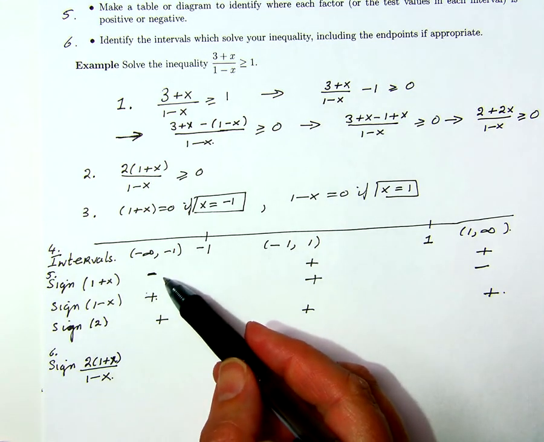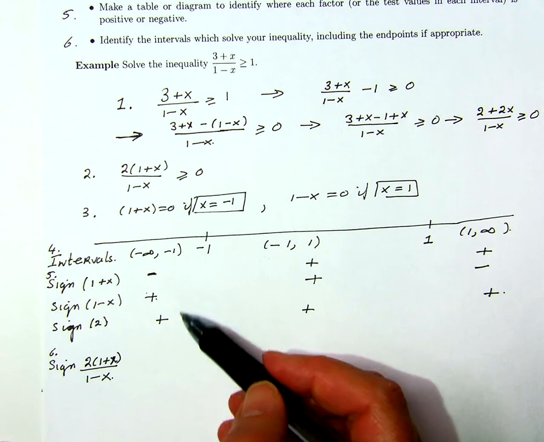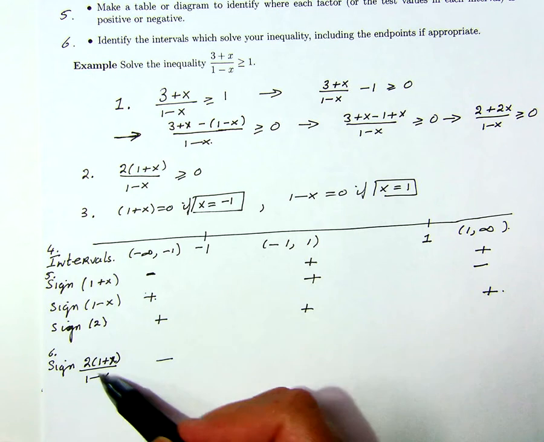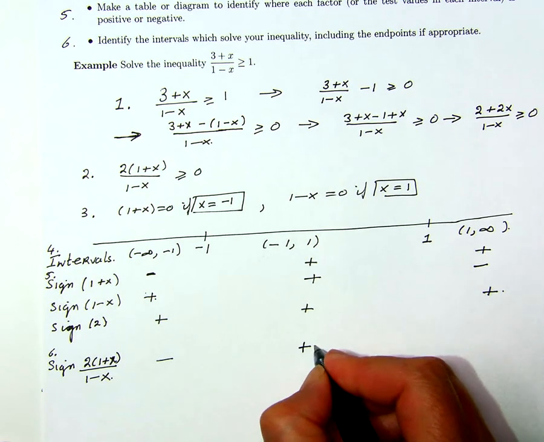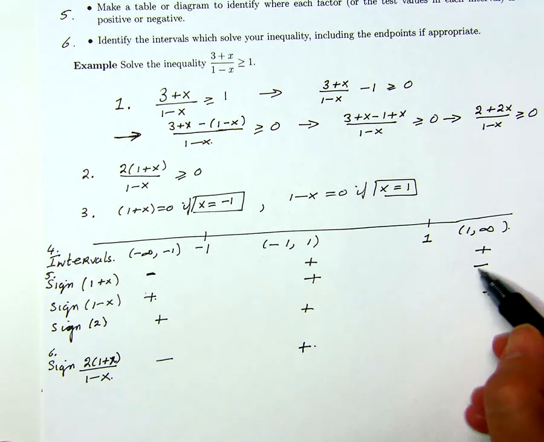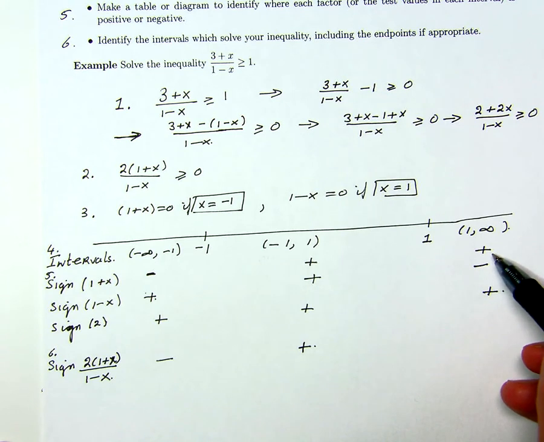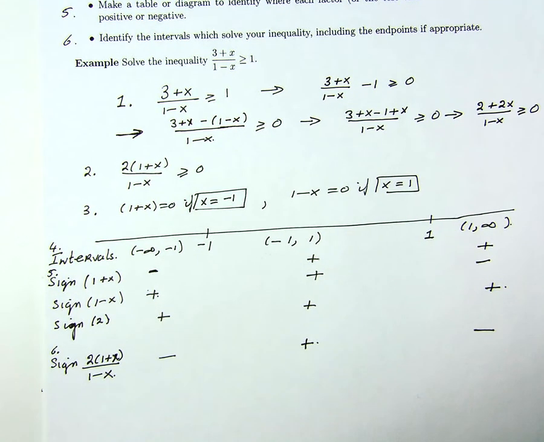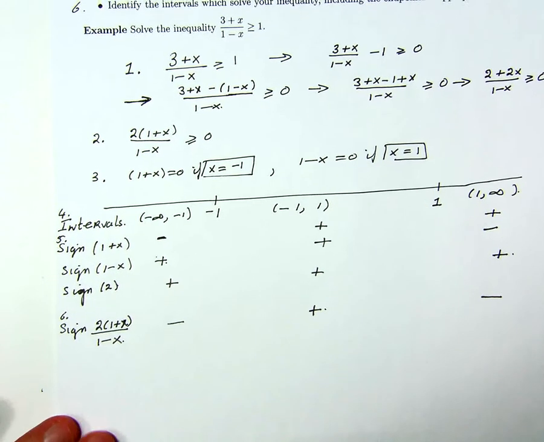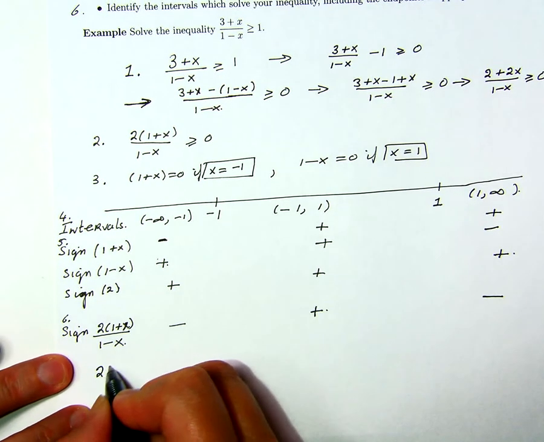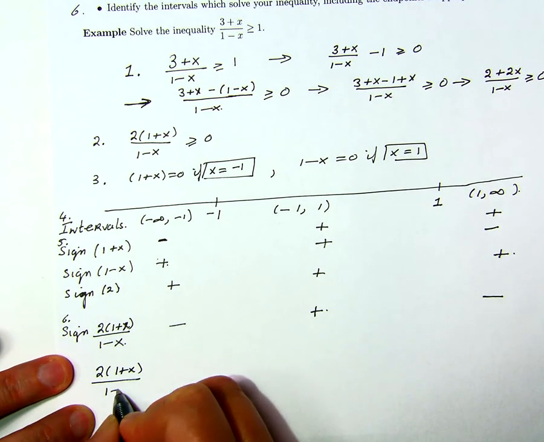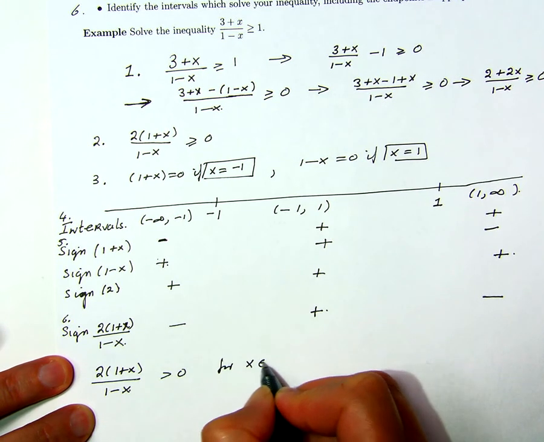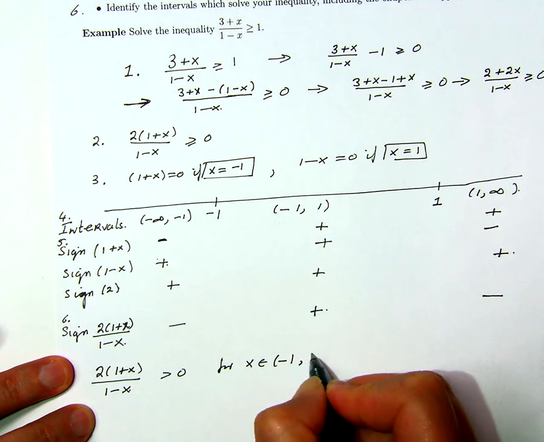So here I have a minus times a plus divided by a plus, so that's going to be a minus, plus, plus, plus, everything's positive, so the sign of this rational function is positive, and here we have a plus times a plus over a minus gives me a minus, so the sign's going to be negative. And now we can conclude that 2 times 1 plus x over 1 minus x is greater than 0 for x in the open interval minus 1 to 1.